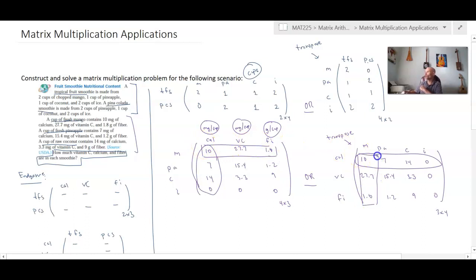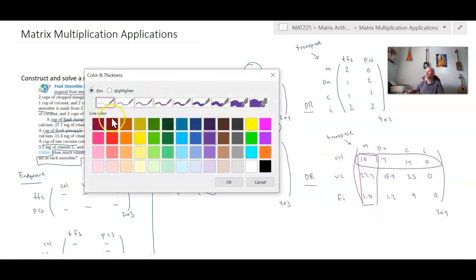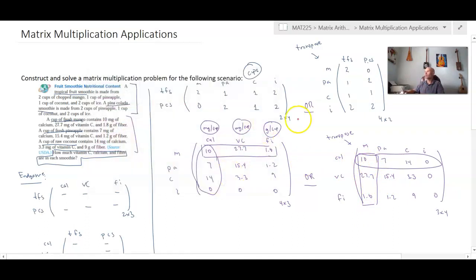Now, one thing that I do want to keep consistent is notice how we've listed the ingredients in the same order. The one key piece that's similar between the 2 sets of matrices is mango, pineapple, coconut, ice. We don't want to reorder those because then when we multiply them, we won't be multiplying facts about mango with facts about mango.